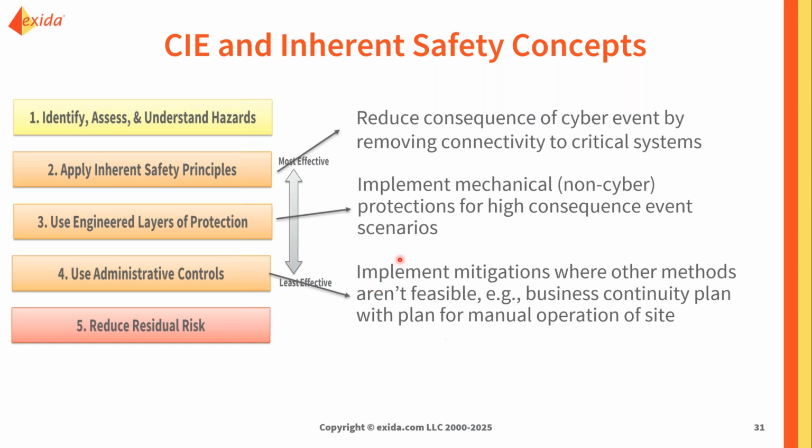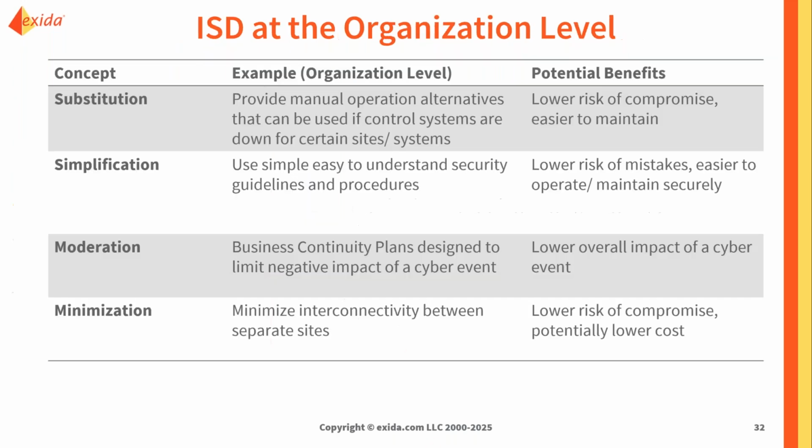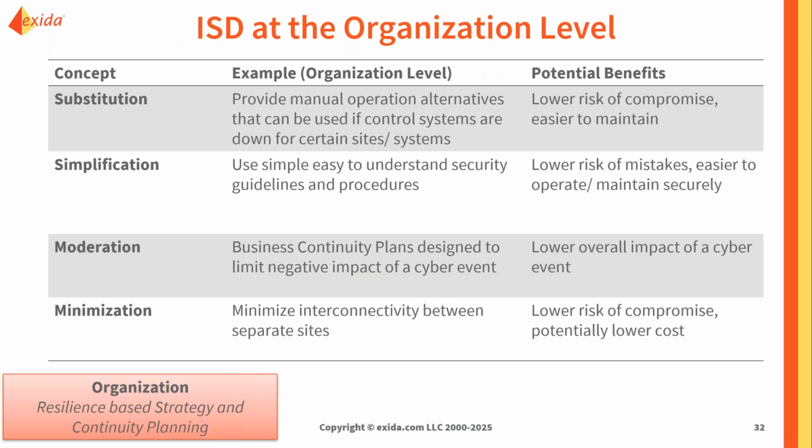And if we take this concept of CIE and inherently secure design techniques, we can actually even expand out beyond looking at a single site and think about how an organization as a whole could operate with this in its mindset.